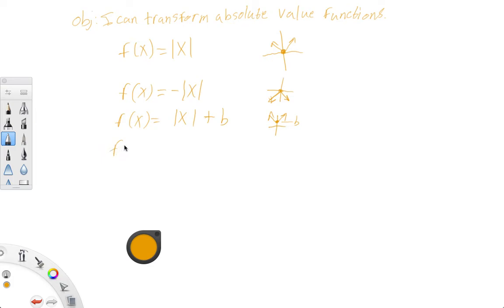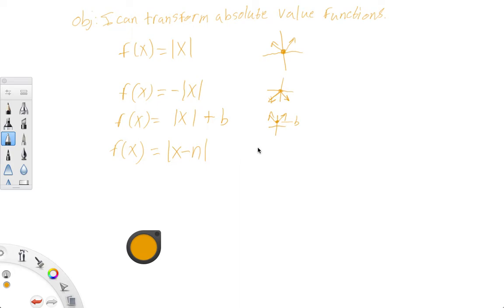If we do this instead, and this one's a little, sorry, I didn't want that plus b on there. This one's a little bit less intuitive. Usually if we see a positive, we move it up, right? If we see a negative or a minus, then we move it down.